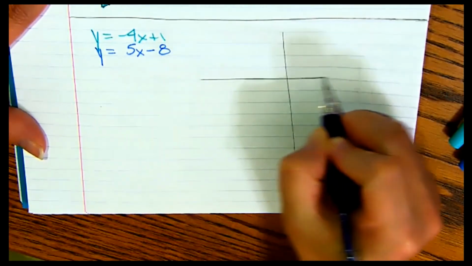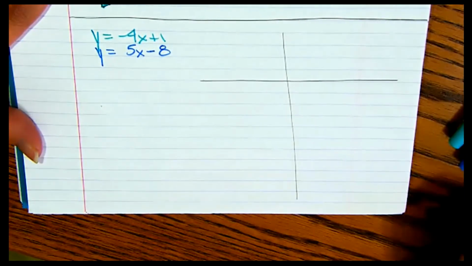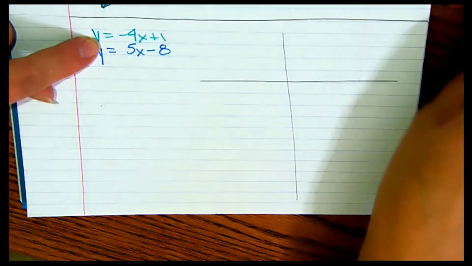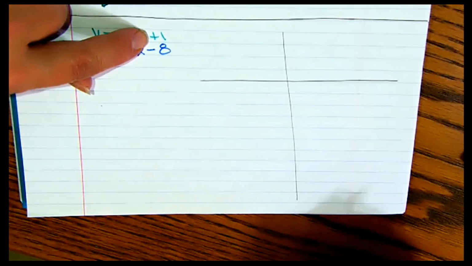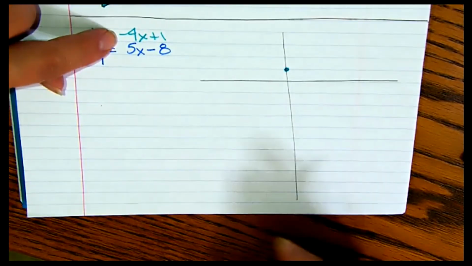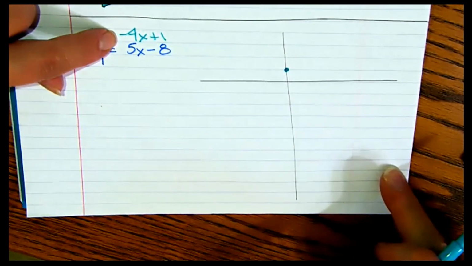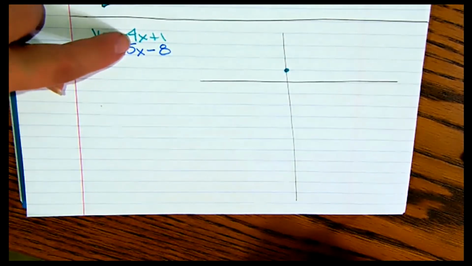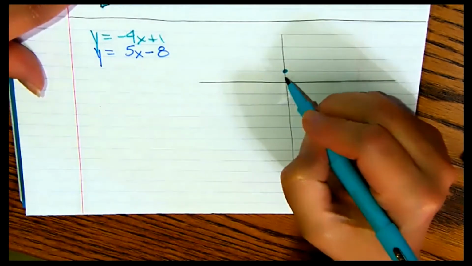So here's my graph. For the first one, I'm going to start with my y-intercept, which is +1. My slope is negative. It's going down. And it looks like it's going down 4 over 1.